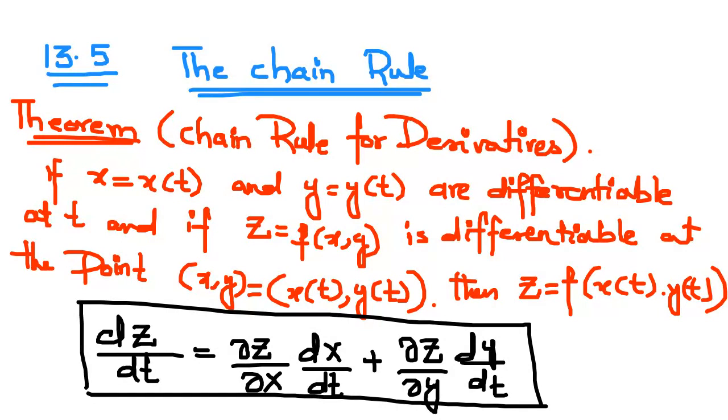If you have a function with three variables, what will the formula become?